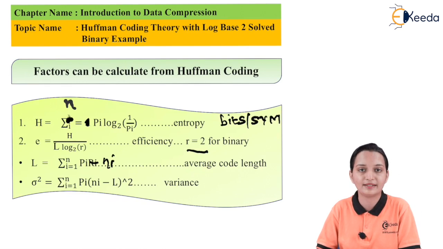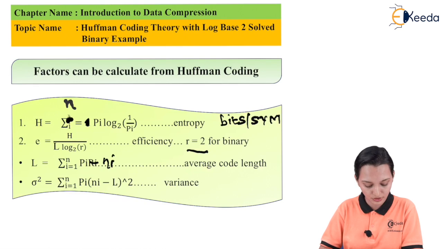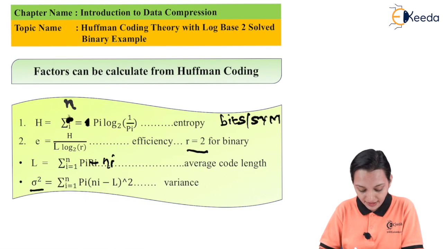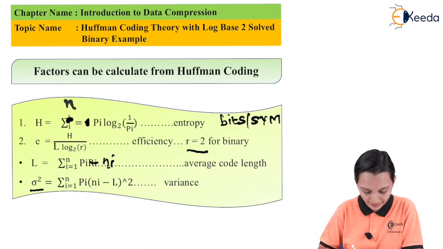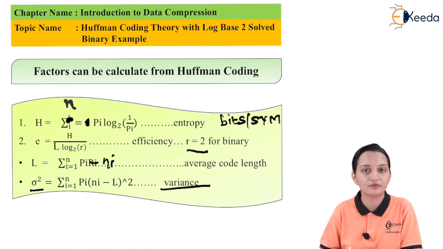And the last one is variance. To calculate the variance we use the symbol sigma square. Its formula is the sum of Pi, the probability, times (Ni, the code word length, minus L, the average code length) squared, that is, raised to 2. In this way we can calculate variance.